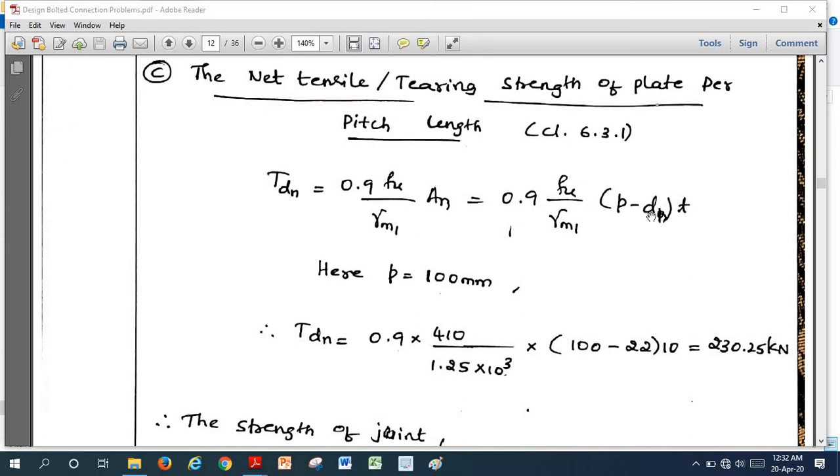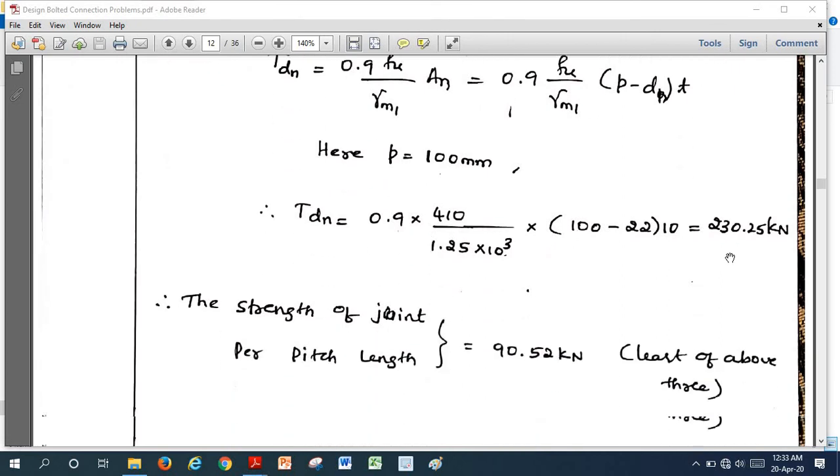Therefore n equals 1 and d_h equals the diameter of the bolt hole, that is 22. We take the pitch per pitch length, that is 100 mm, that is b. So b minus n into d_h, n is 1, d_h is 22. The least plate thickness we should take here, that is 10 mm. The remaining are all the same. If you calculate the tensile strength, it comes out to be 230.25 kN.